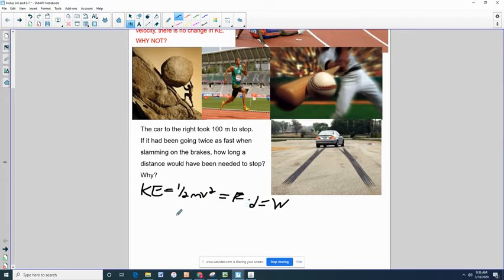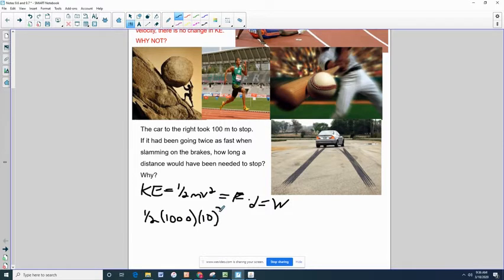Okay, so we're going to plug in some numbers here. And I'm going to try to use some easy numbers. So we're going to try to find our kinetic energy of that car when it was moving along. So we're going to say it's 1/2, let's say its mass is 1,000 kilograms, times its velocity. Let's say its velocity was 10 meters per second.